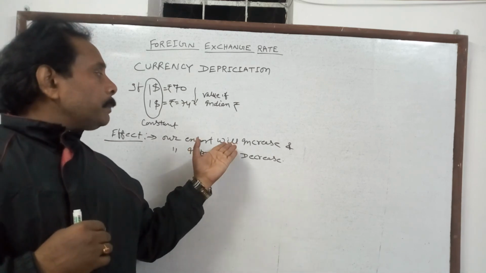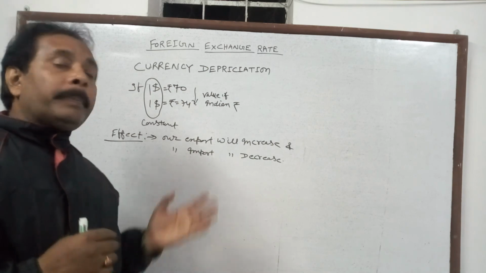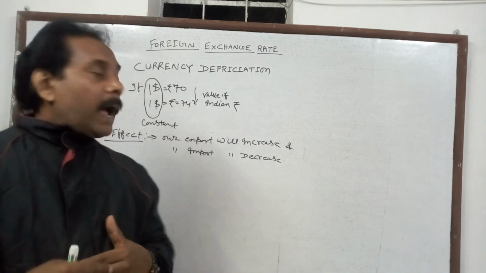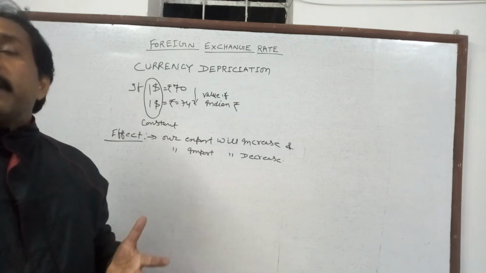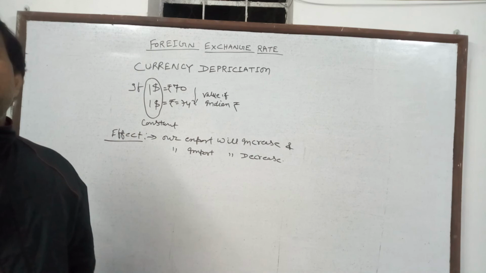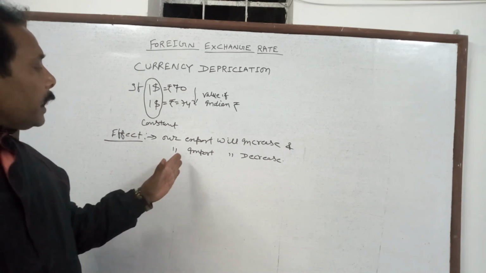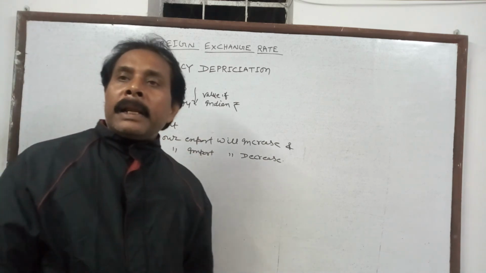So it has become cheaper for the foreigners, whereas import means purchase of goods, and when we purchase from the rest of the world, it has become costly because we are paying 4 rupees more for $1. Is it clear? So in this way the import will decrease and our export will increase.